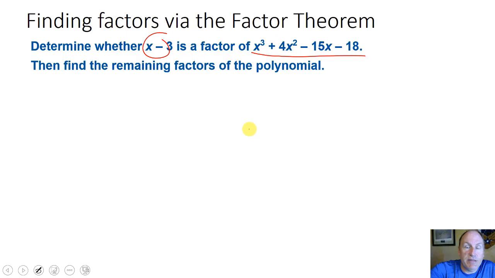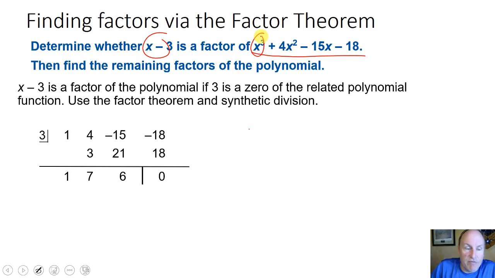Since it's a third degree polynomial, there are as many as 3 roots. We have 1x to the third, 4x squared, minus 15x, minus 18, and we're dividing that by x minus 3 using synthetic division. The remainder is 0, so x minus 3 is a factor.